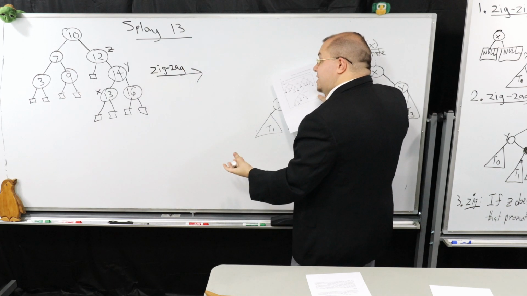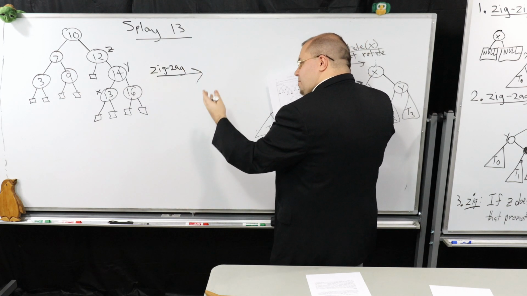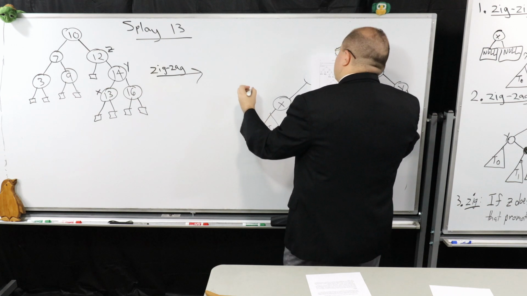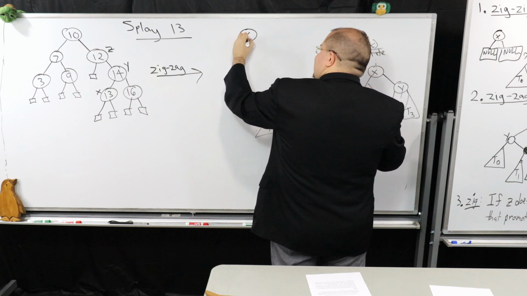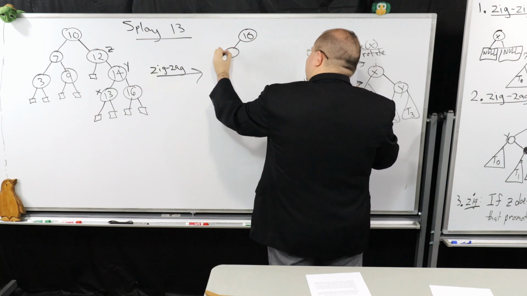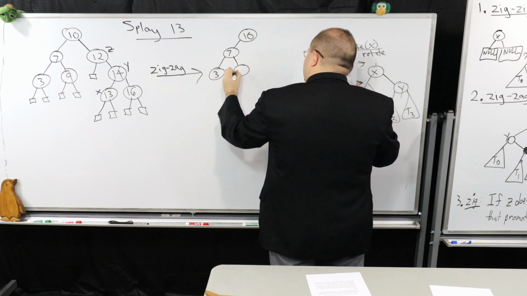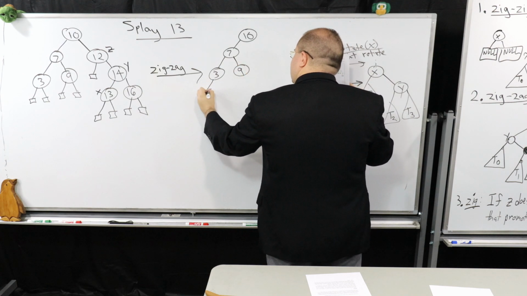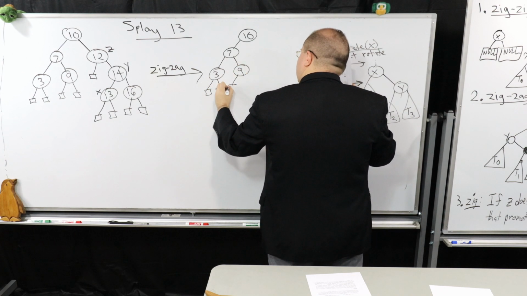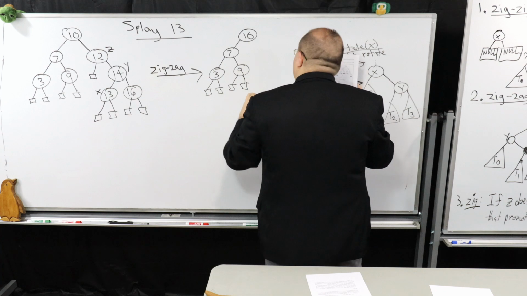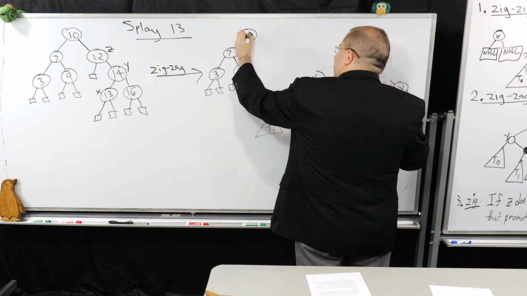So what I need to do is my double rotations, where I rotate x twice. So 10 is going to still be up here. This left subtree doesn't really get affected at all by this process. 7, 9.